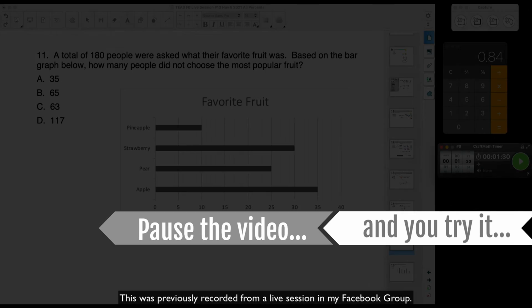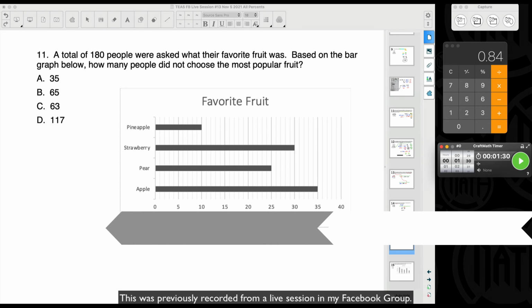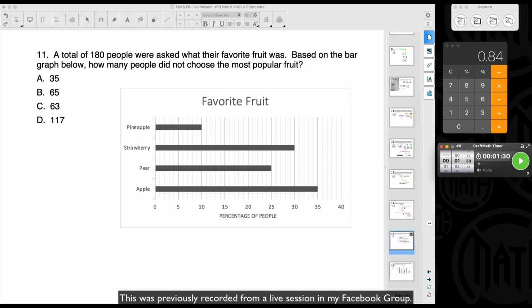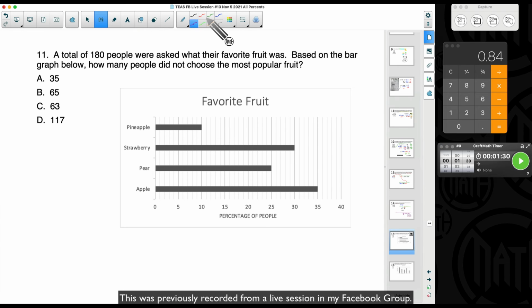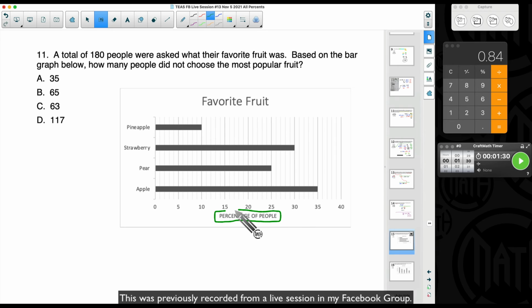Now, like circle graphs, bar graphs and circle graphs can be used interchangeably. You can use a bar graph to show the same thing that a circle graph will show you, and vice versa. The thing with bar graphs, you have to look at that bar graph very carefully, and you have to understand what these numbers on the bar graph represent. I cannot stress how important it is when you have a bar graph on the TEAS test.